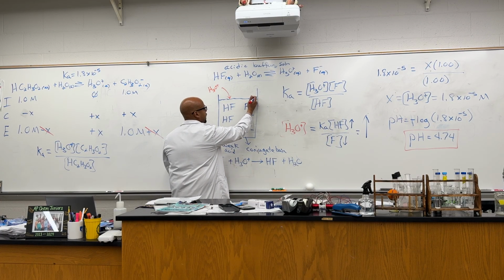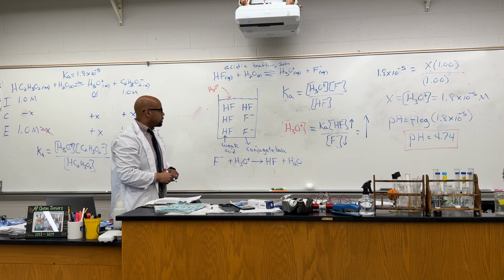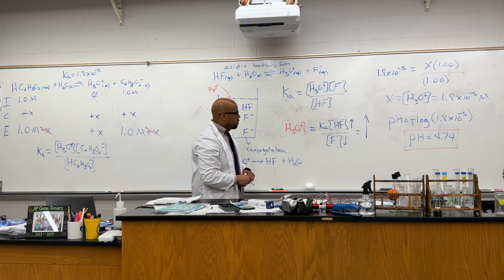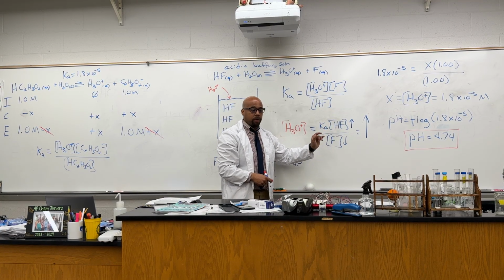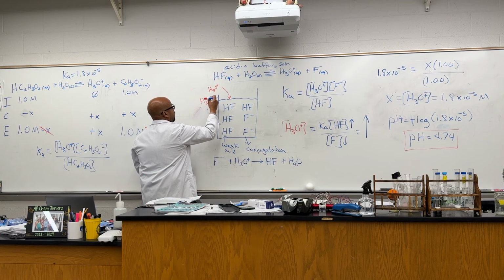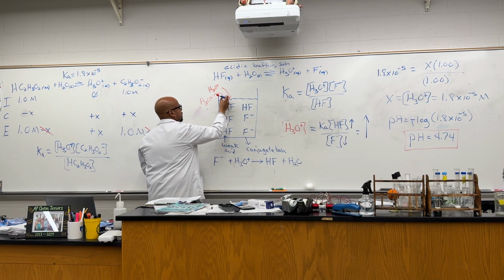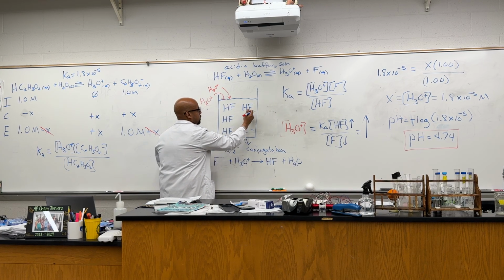But I get an additional HF being produced. So it's going to have some bearing on this ratio here. And if somebody added another H3O+ to this solution, then this fluoride is going to say, I need to neutralize you.